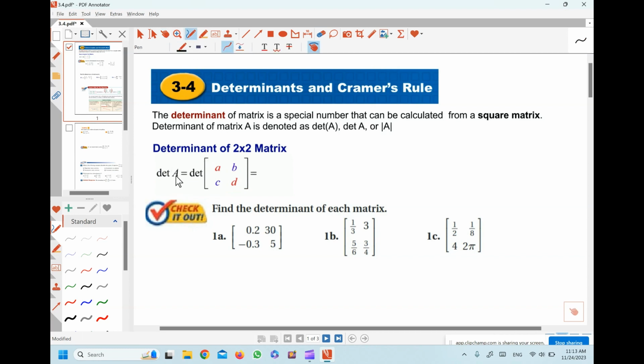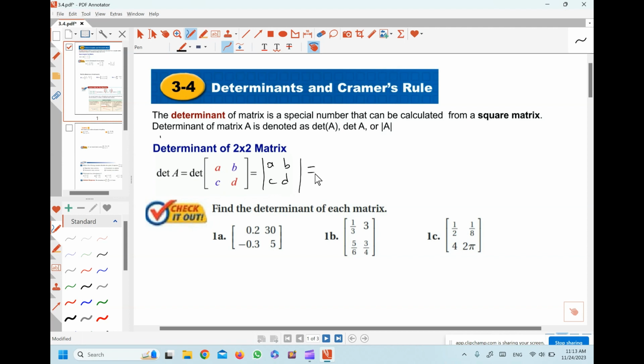First, you will write the determinant as det and the matrix itself, or we will be using straight vertical brackets without writing det, like an absolute value symbol, and put the numbers inside that.